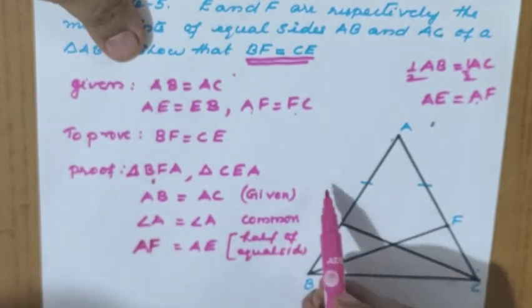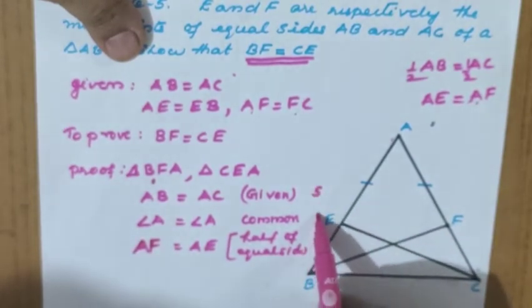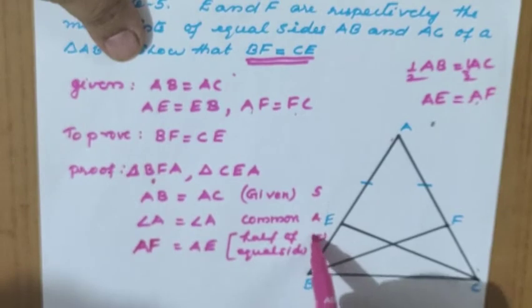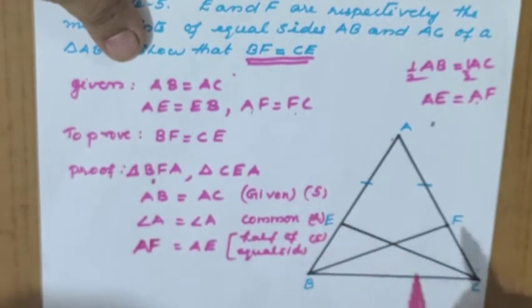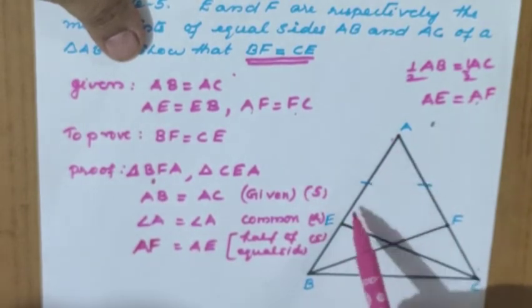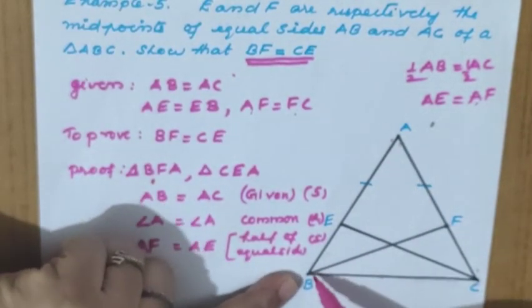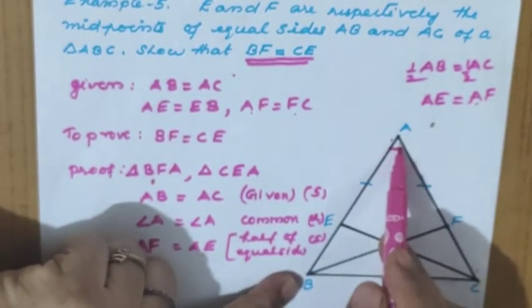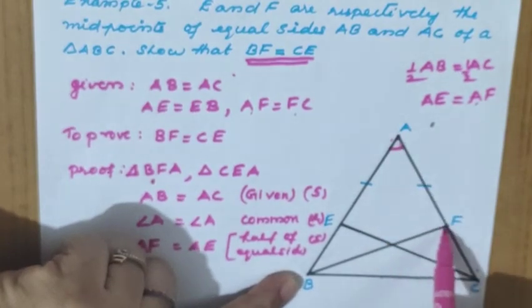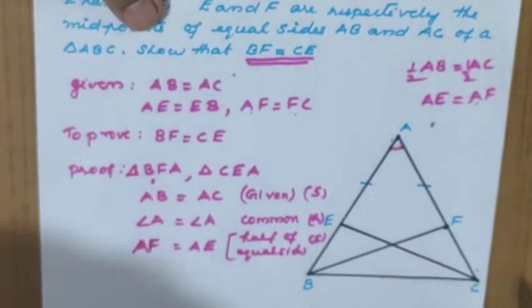Now see the criteria. Side we got, angle we got, side again we got, right? So which is the first side? We got AB. Only one triangle we can check first, BFA. AB as the first side and angle A we have taken, and AF we have taken as the second side. So the angle is included.